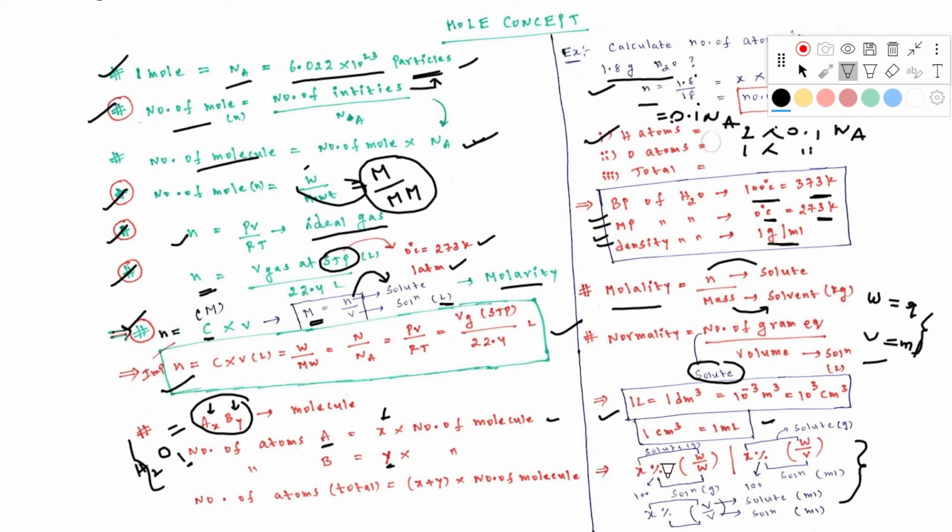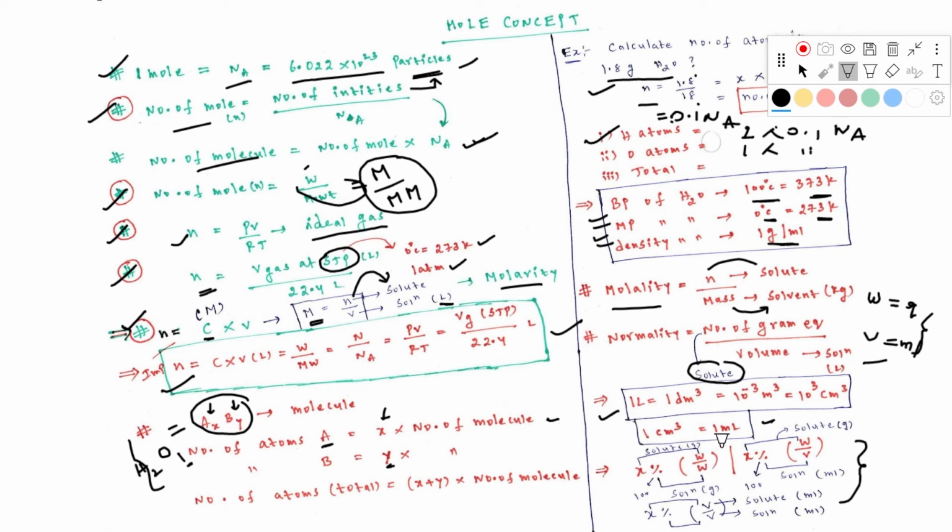Again, X% W by W. Here this X and this numerator W represent solute. Okay. And this percent, cent means 100, and this denominator W represents solution.